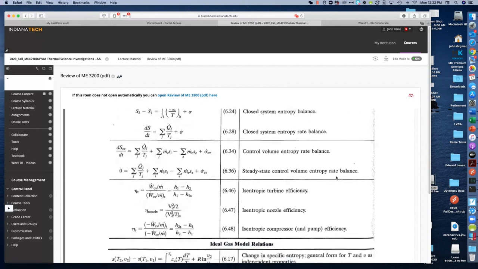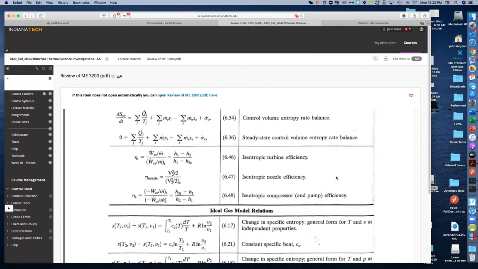When we are dealing with an open system, the control volume, we can also have a balance equation. We see the rate equation here: the rate of entropy building up or decreasing inside the control volume is due to heat transfers, but there's also entropy flowing in and entropy flowing out.